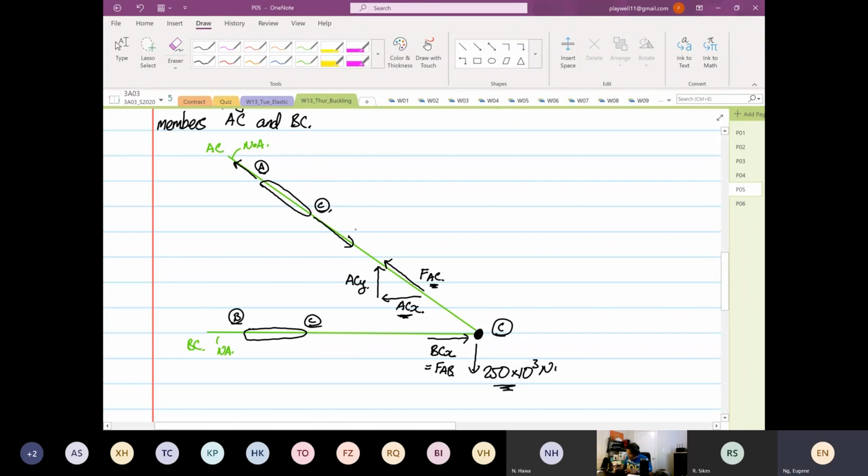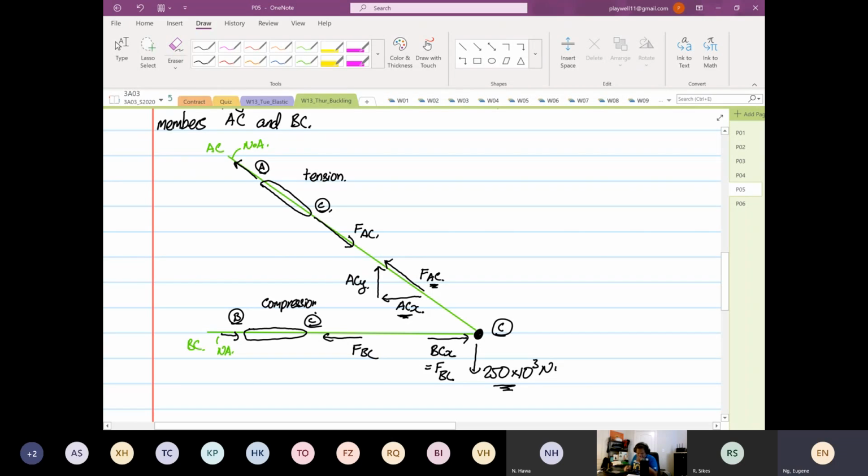So now this is your FAC, and by Newton's third law, action equals reaction, same magnitude and different direction. So now this is your FBC. I got it wrong down here. Why do I write FAB? So what we discover down here is this is tension, and over here this is compression.